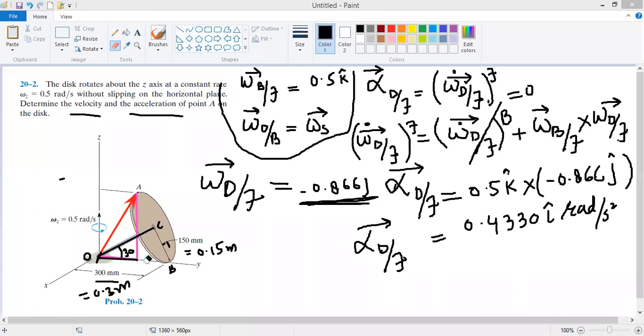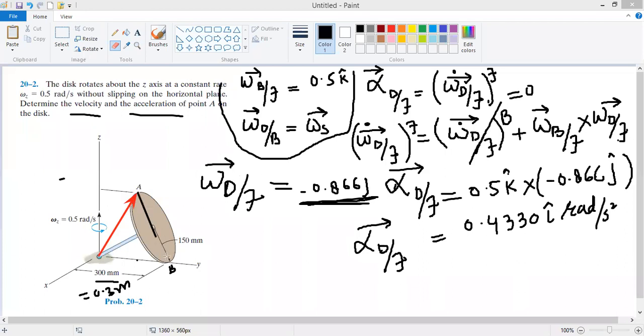Let me remove the previous one. As far as this distance is concerned, the easiest procedure of finding it can be done like this. Let me rub all these lines and complete this line.